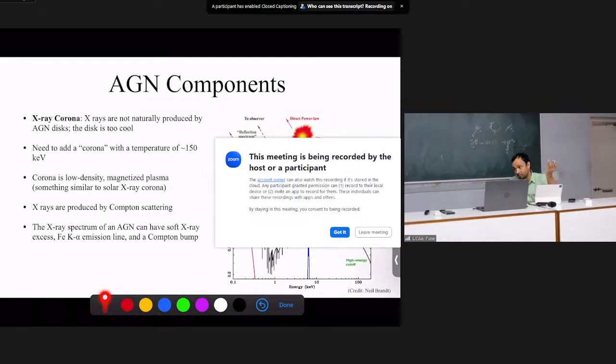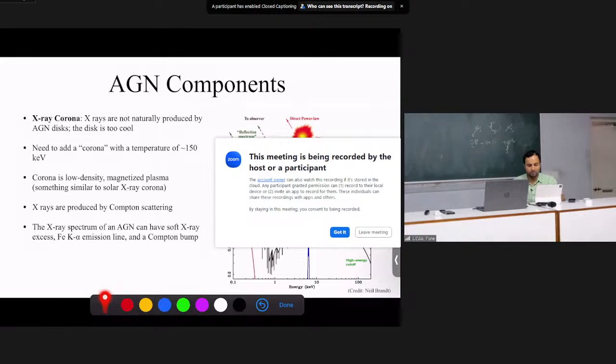It's a model-dependent explanation. In some cases, we do see the iron K-alpha line, an emission line in X-rays. K-alpha means iron has a K shell, and I will leave you to explore further what K-alpha is. It is an ion transition from the L shell to the K shell, so the energy comes around 6.4 kiloelectron volts.